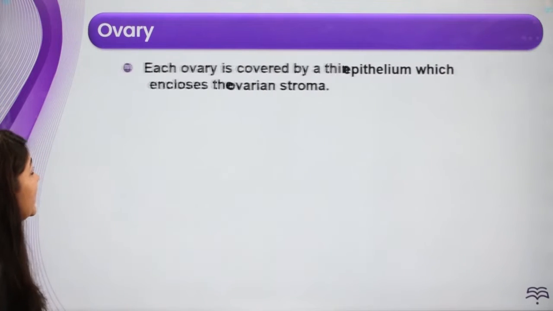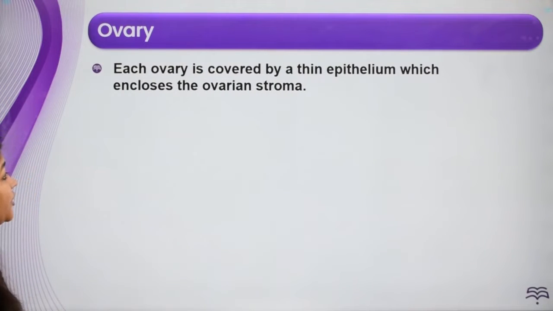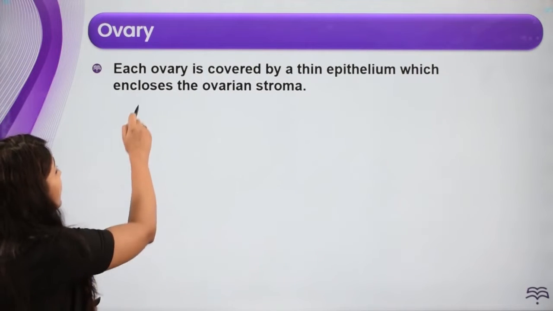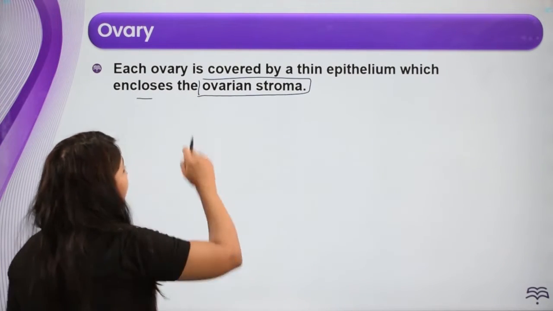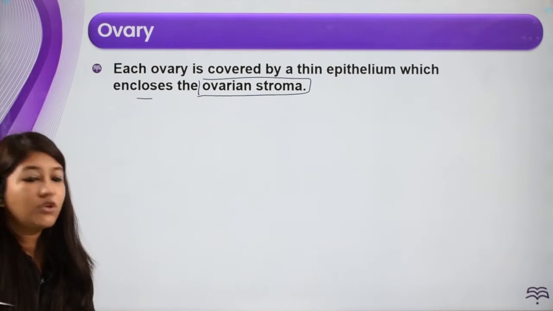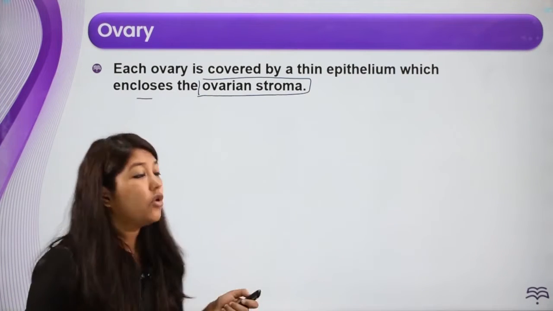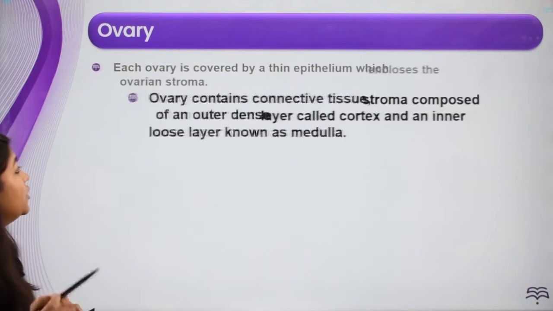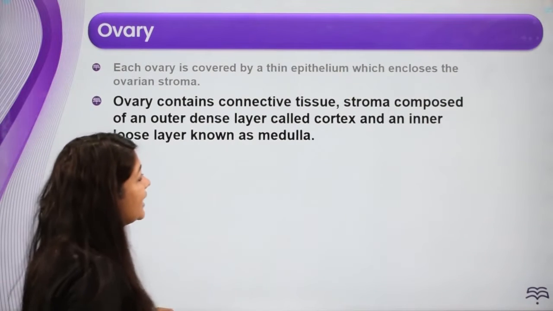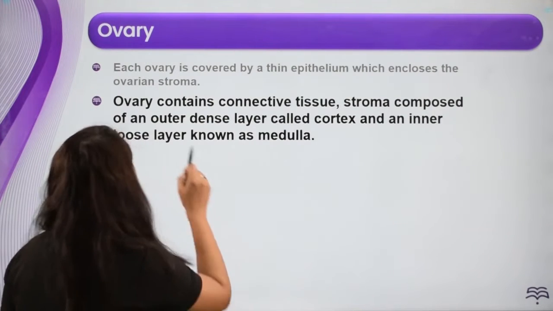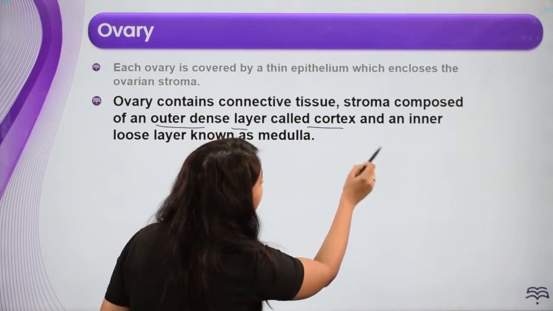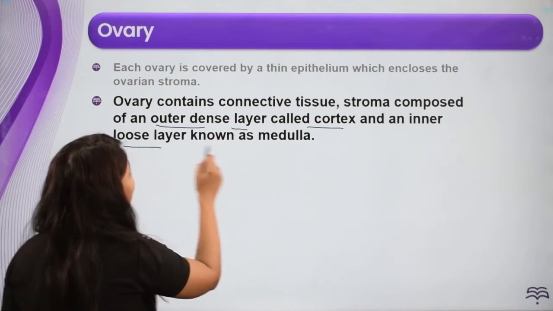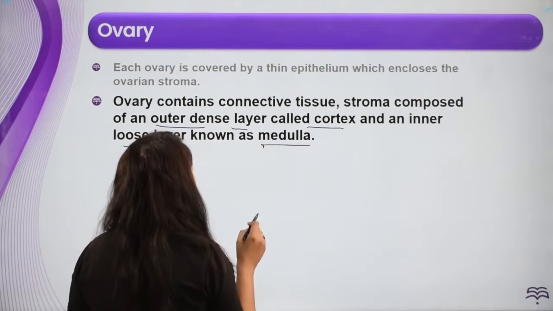Now each ovary is covered by a thin epithelium which encloses the ovarian stroma. The connective tissue we find inside the ovary, we are calling it the ovarian stroma. The ovary contains connective tissue, the stroma, composed of an outer dense layer called the cortex and an inner loose layer called the medulla.